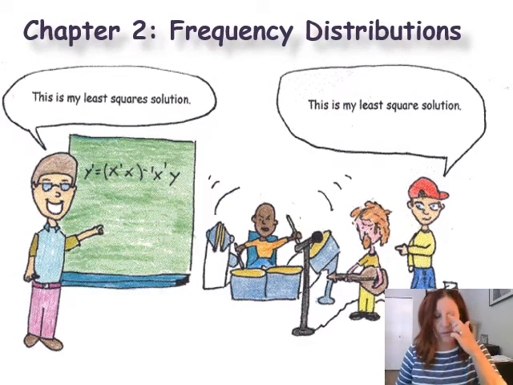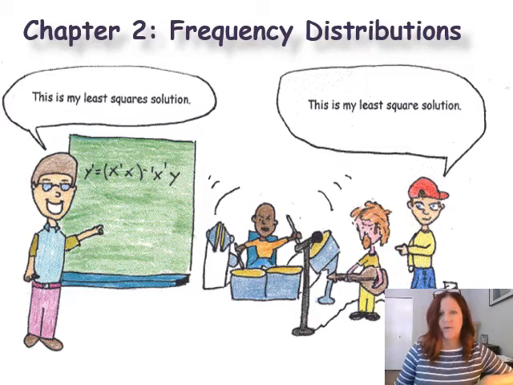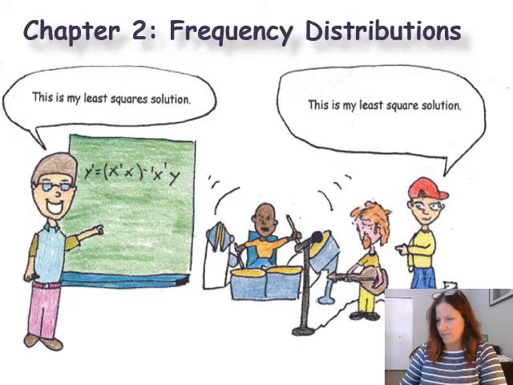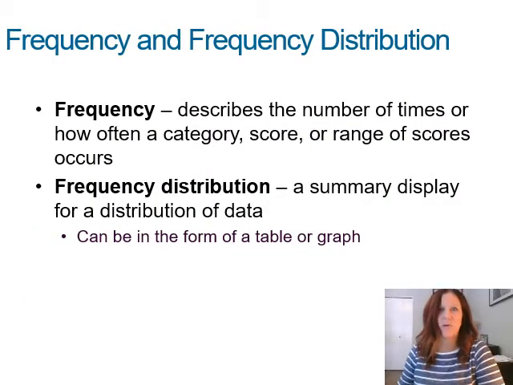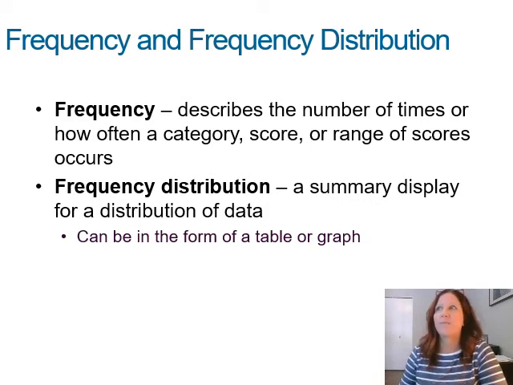Hi, we're going to start chapter 2 and talk about frequency distributions and how they're used in statistics. So let's move forward and we'll look at the basics of a frequency distribution. When we think frequency distribution, we're actually just thinking of the frequency of times a specific score occurs, or a category or range of scores occurs.